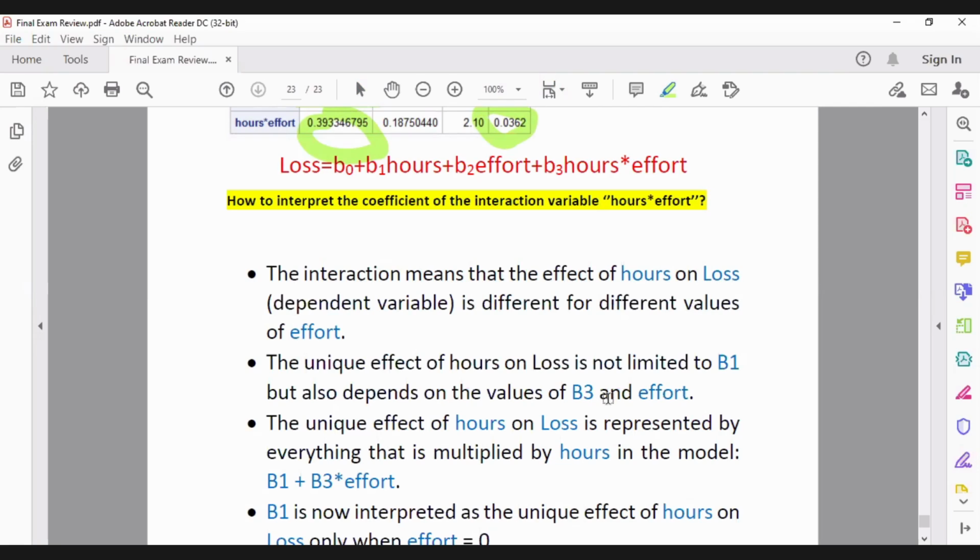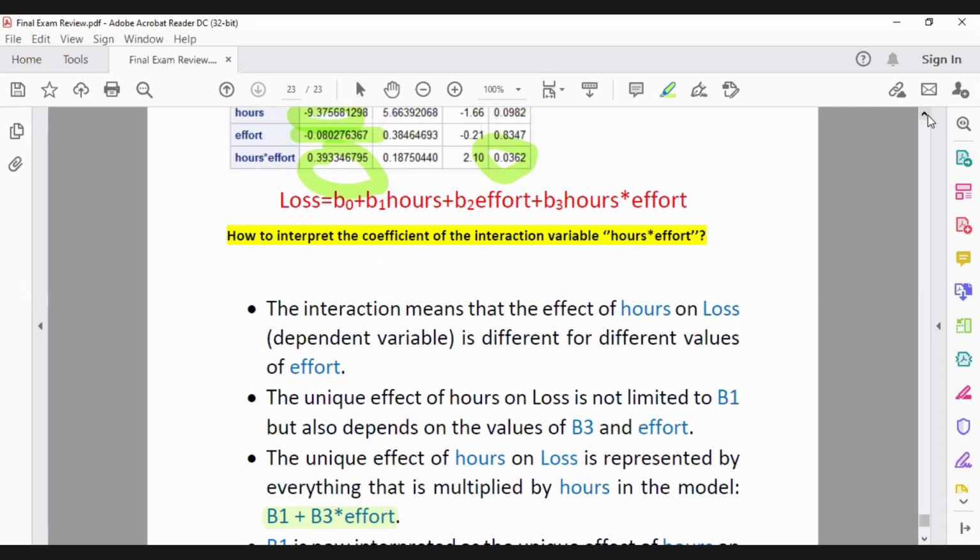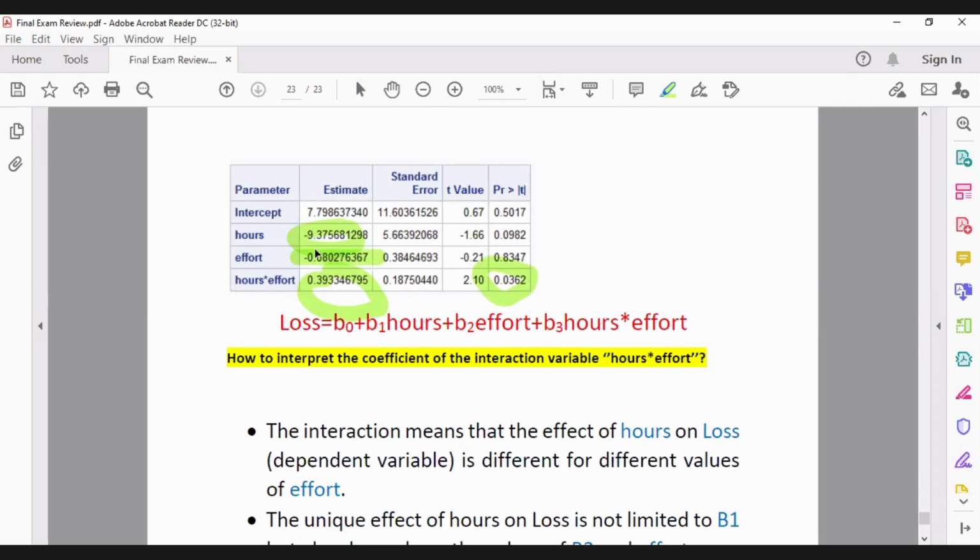Also, the unique effect of hours on loss is represented by everything that is multiplied by hours in the model. So the impact of hours on loss is globally beta 1 plus beta 3 efforts.